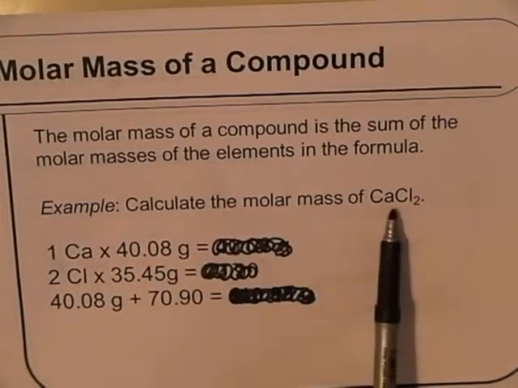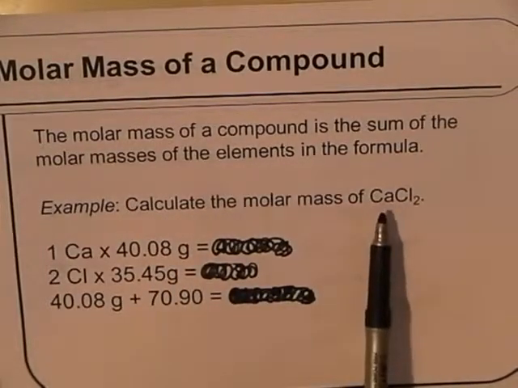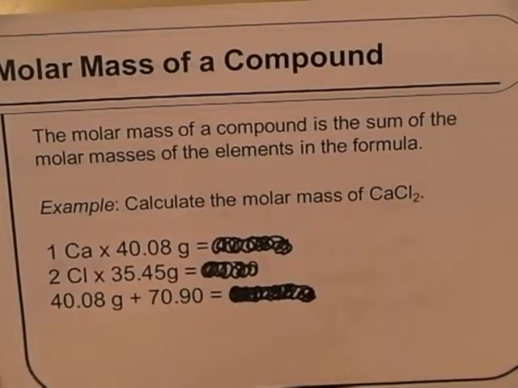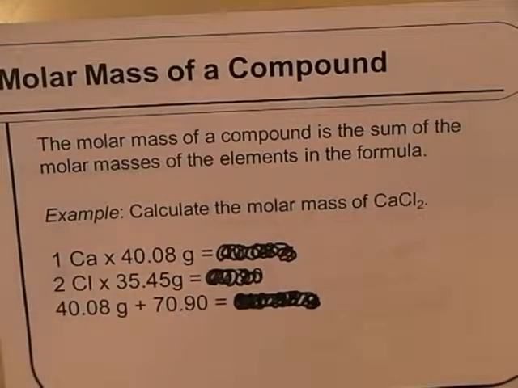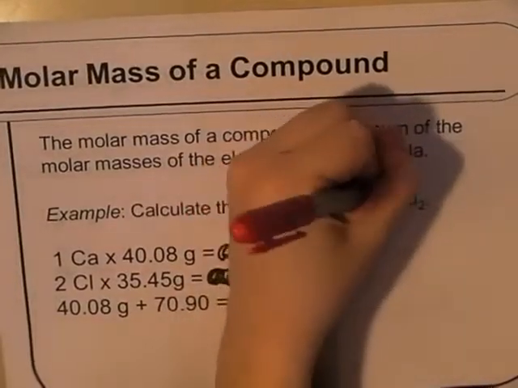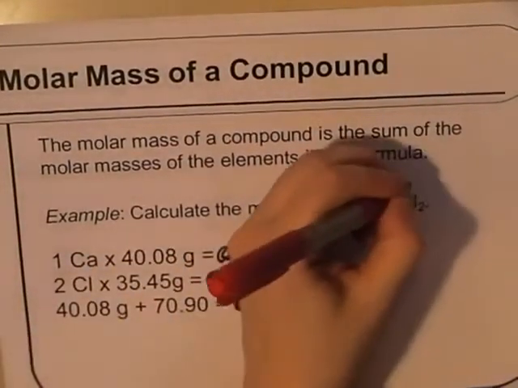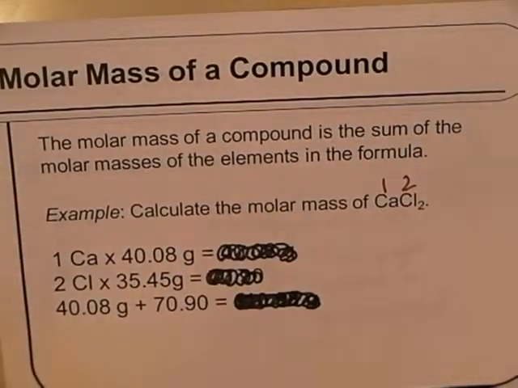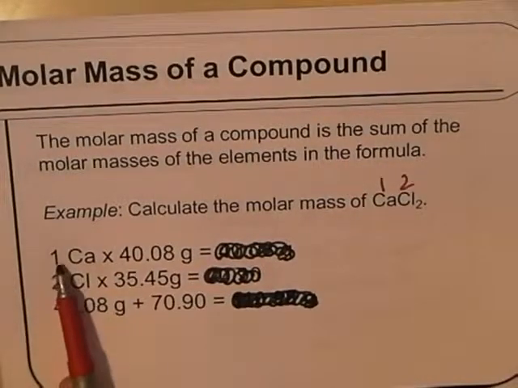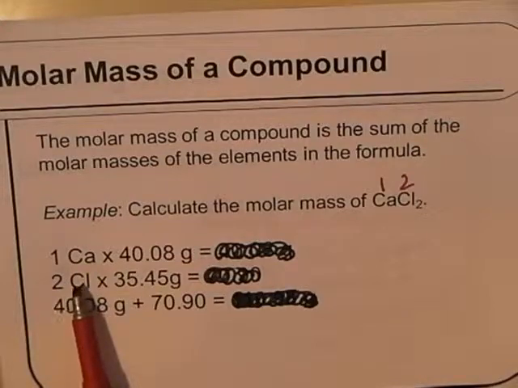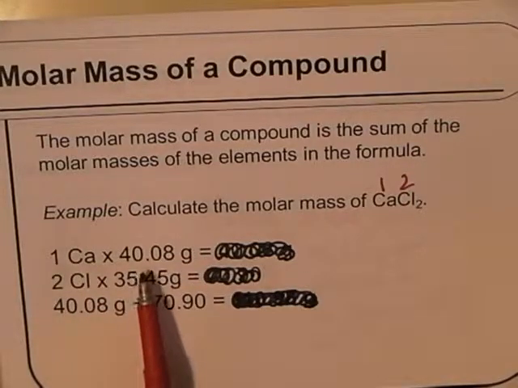So let's say I want you to calculate the mass of calcium chloride, CaCl2. First thing to notice is you have 1 calcium and 2 chlorines. So all you need to do is add up the mass of 1 calcium and 2 chlorines. Look up the mass of calcium on the periodic table.